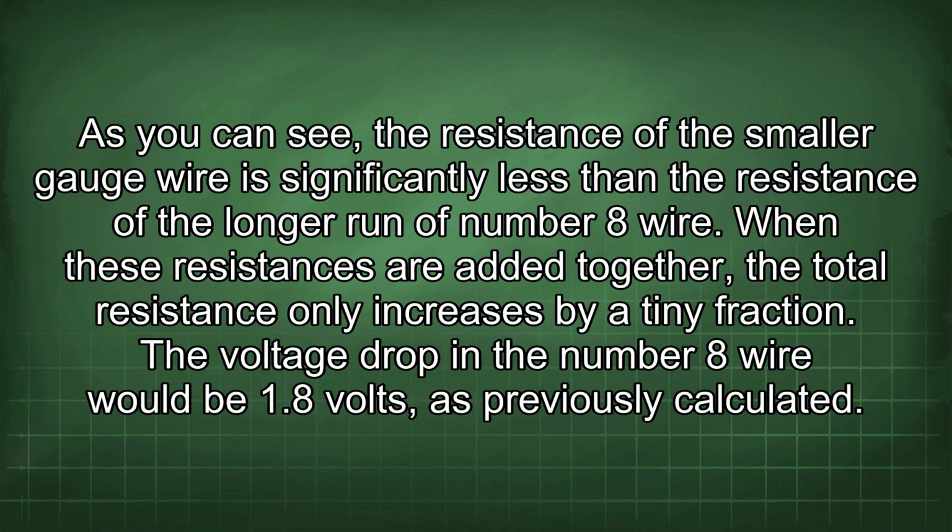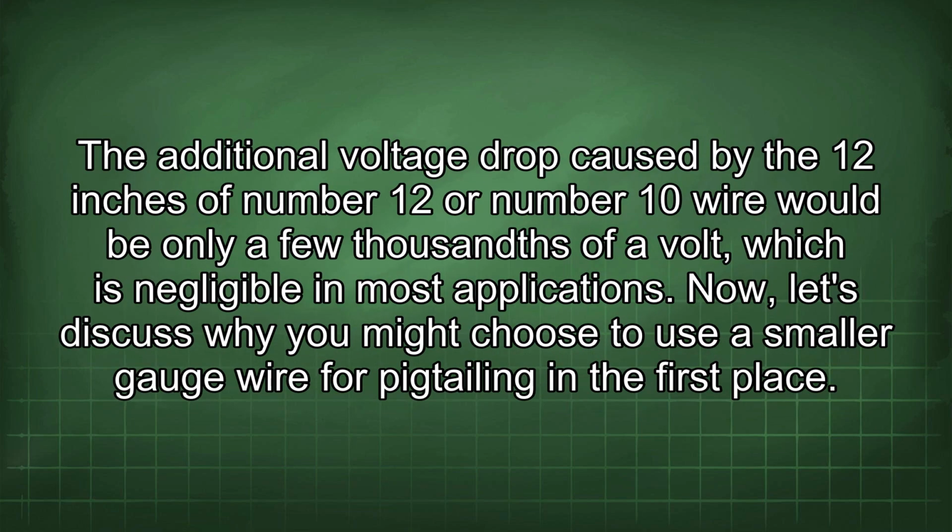As you can see, the resistance of the smaller gauge wire is significantly less than the resistance of the longer run of number 8 wire. When these resistances are added together, the total resistance only increases by a tiny fraction. The voltage drop in the number 8 wire would be 1.8 volts, as previously calculated. The additional voltage drop caused by the 12 inches of number 12 or number 10 wire would be only a few thousandths of a volt, which is negligible in most applications.